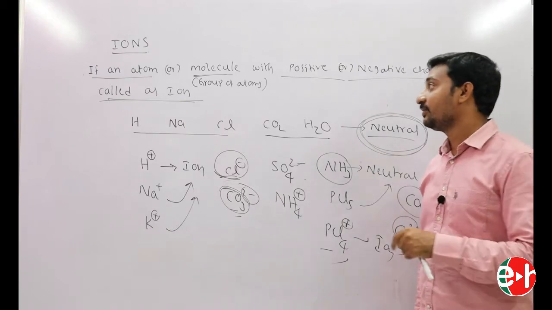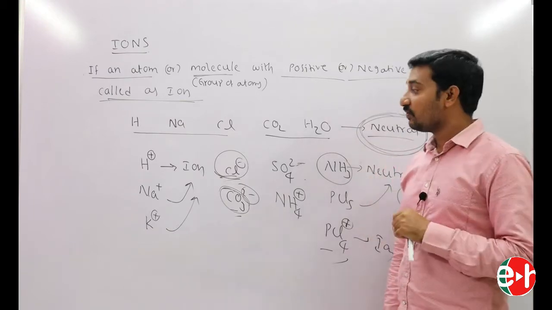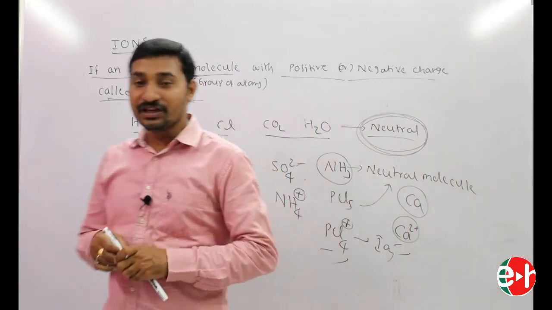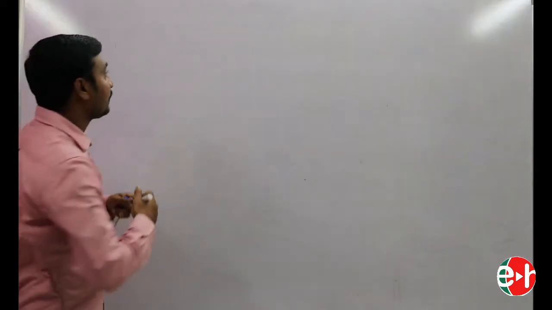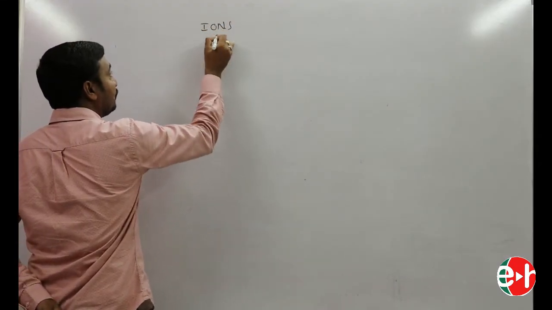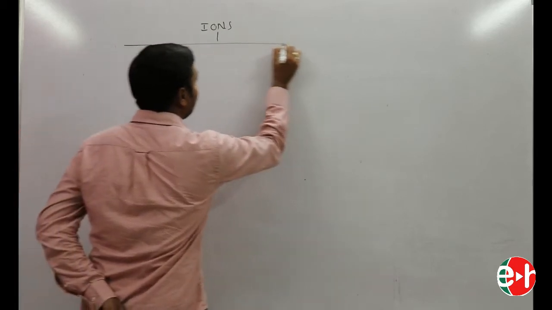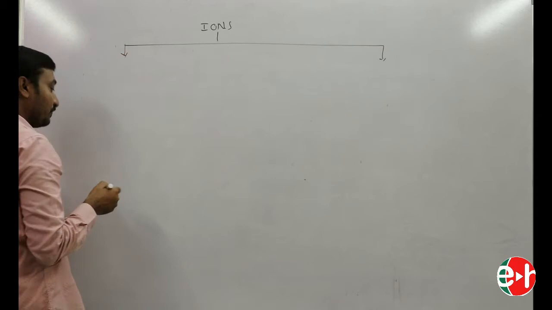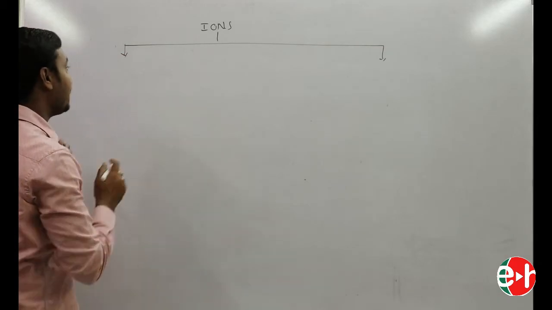Got it? So finally you tell me how many types of ions there are? Yes, you got it. Two types of ions. One positively charged ion. Second one is negatively charged ion. What are the two types of ions? Positively charged ions.